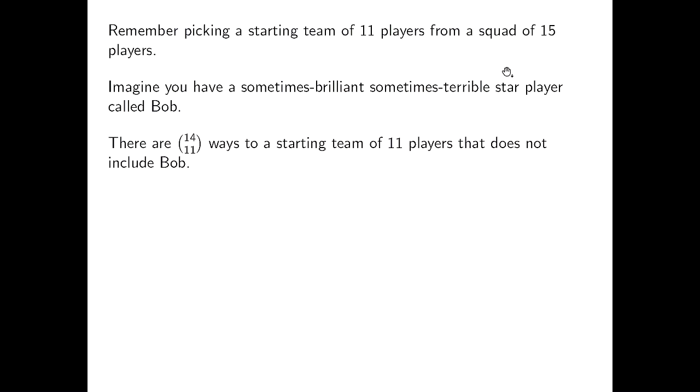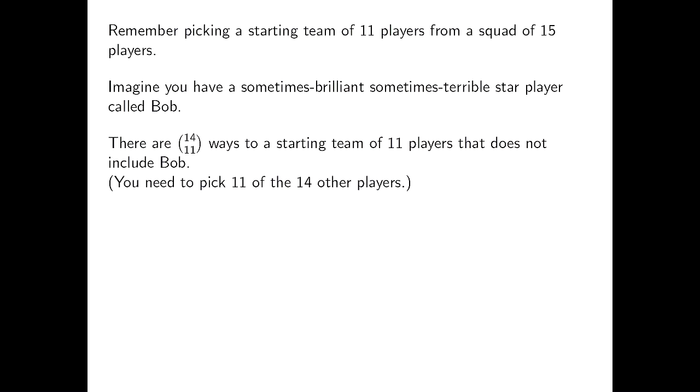So, if it's one of the latter days, if Bob's not looking good this morning, then you're basically down to 14 choose 11, right? Because Bob's out, you know you're not playing him. So you've got your other 14 and you've got to choose 11 starters there, right?